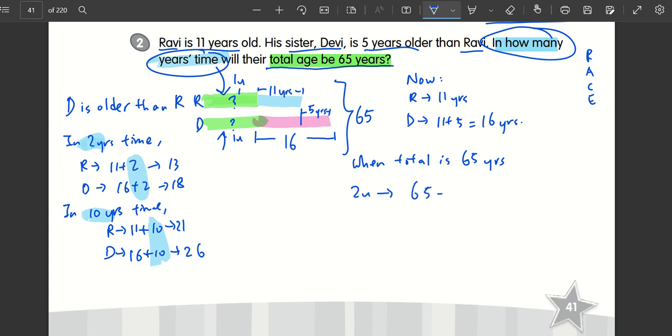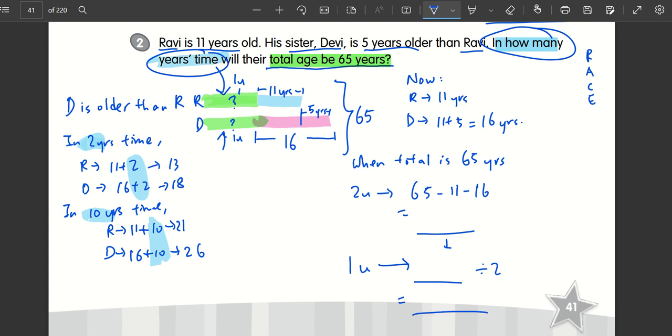Then I can use 65 minus 11 minus 16 to get the years added on to Ravi and added on to Devi. And then after that you are able to find that one unit, which you have this number divided by 2.